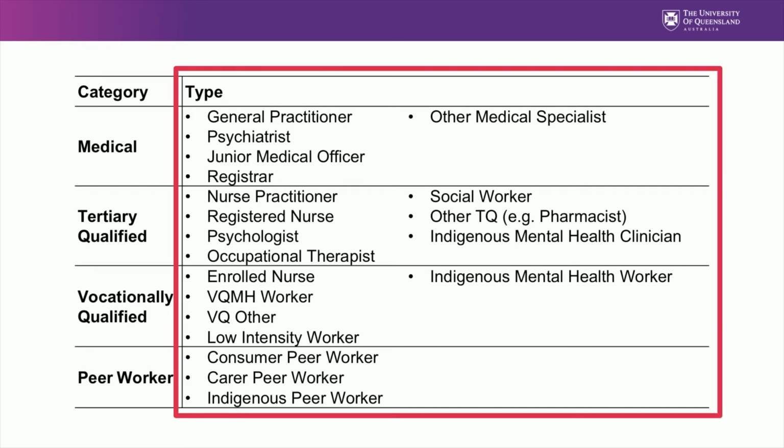Workforce types are nested within categories and reflect the individual professionals who may deliver services. Sometimes, services are modeled as needing to be provided by one specific workforce type, such as a registered nurse. Other times, only the workforce category is modeled, such as tertiary qualified, meaning the service can be provided by any appropriately trained tertiary qualified professional.